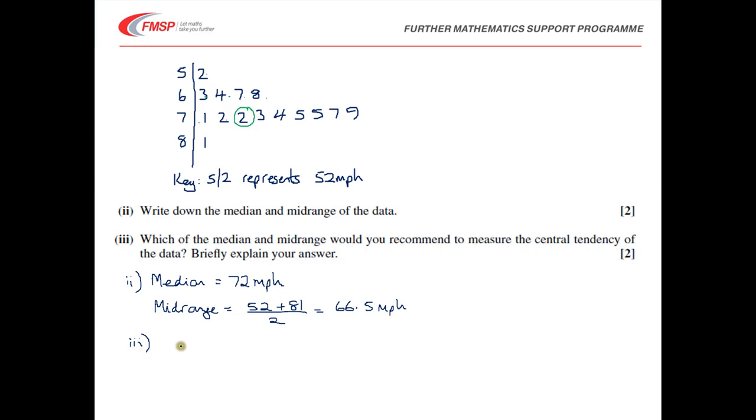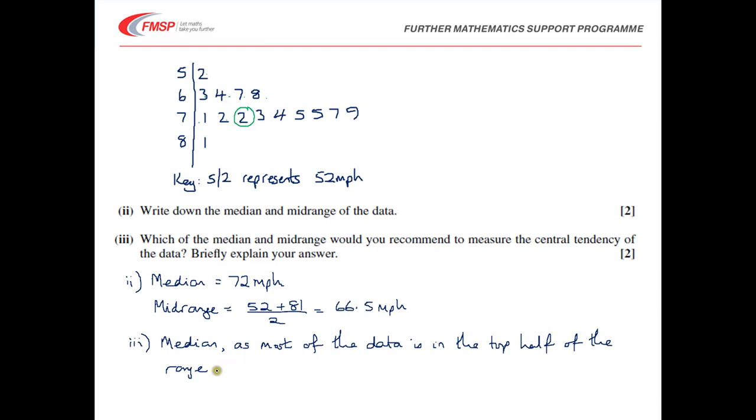And which one would you use? Well, a suitable answer would be to say the median, as most of the data is in the top half of the range. If you look at 66.5 on our stem and leaf diagram, it's way down towards the bottom.